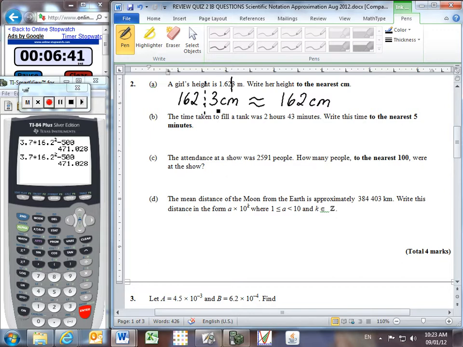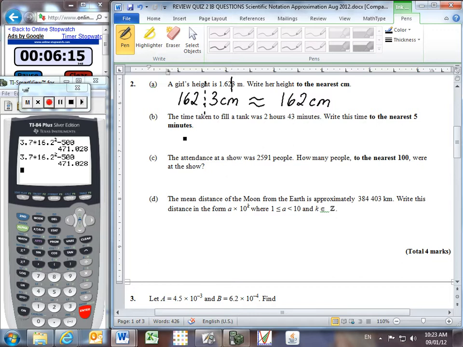Part B. The time taken to fill a tank, 2 hours 43 minutes. Write this time to the nearest 5 minutes. So when it says the nearest 5, it means that we're counting in 5s. 5, 10, 15, 20, 25, 30. And let's keep going. 35, 40, 45. Clearly, 43 is closer to 45 than it is to 40.